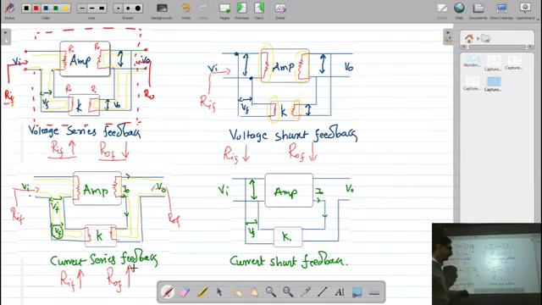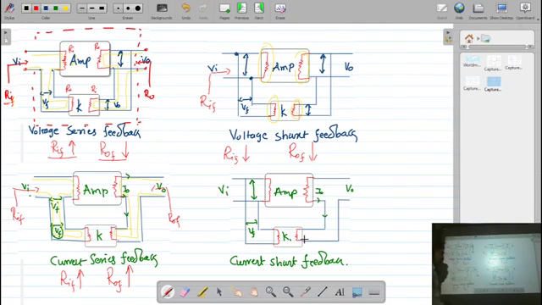And the last one, if you see, now you can also apply your logic and find out whether the input and output are increasing or decreasing. So this is the input resistance, this is the output resistance. Again we have the input and the output of this feedback network, correct?